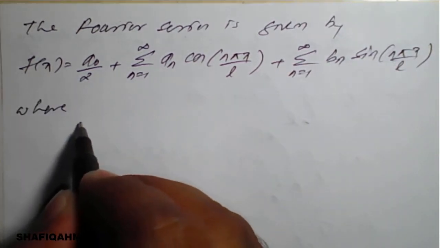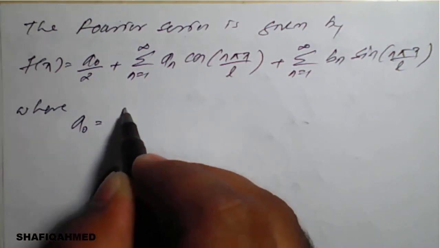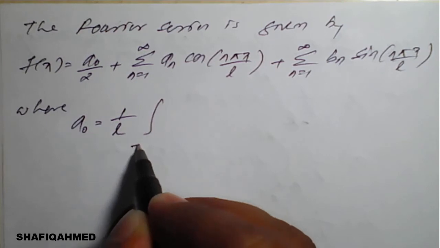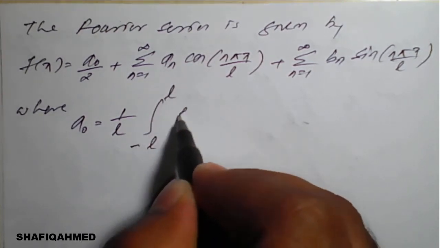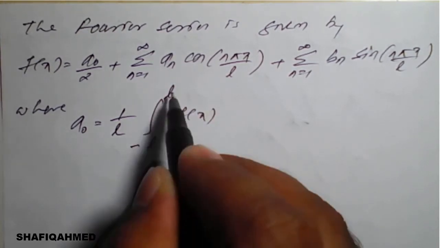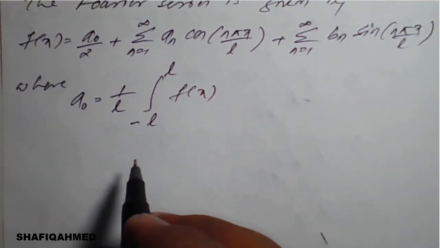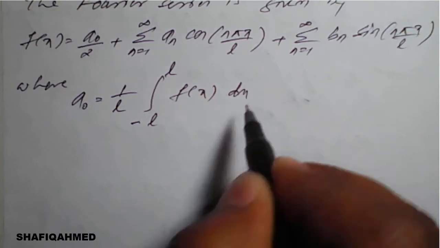where a naught is nothing but 1 upon L, and the limit is minus L to plus L, since they have given minus 1 to plus 1, f of x into dx.